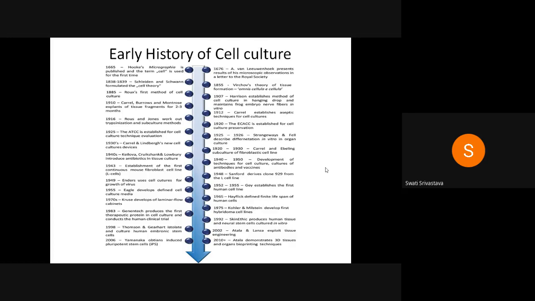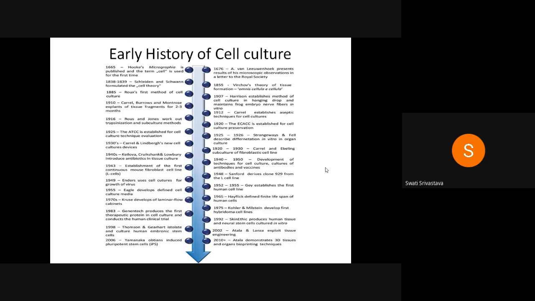Then Ross and Jones worked on the trypsinization and subculture methods in 1916. Then the ATCC was developed, that is the American Type Culture Collection, which worked as a repository for the cell cultures, established in 1925 for characterization of the different cell types that people were isolating.